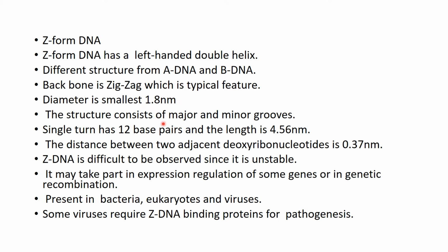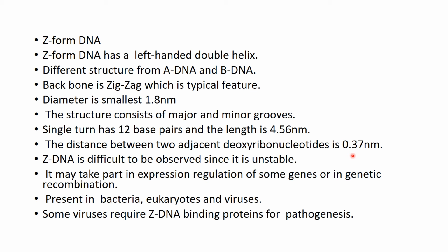Then the structure also consists of major and minor grooves, and one turn has 12 base pairs, and the length of a turn is 4.56 nanometers. So here there is a great change in the arrangement and length required for occupancy of the nucleotides. The distance between two adjacent deoxyribonucleotides is again here 3.7.